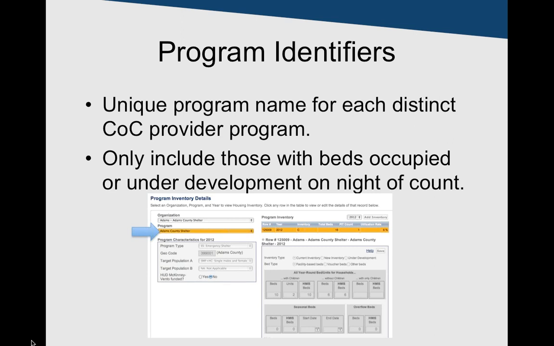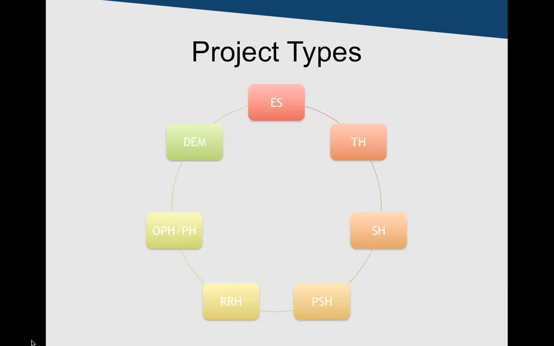So only projects that have beds available for occupancy or under development on the night of the count should be included on the HIC. And remember, for those programs that are funded through the Veterans Administration, you do have to utilize the VA prefixes for all those projects, even if they're just partially funded by the VA.